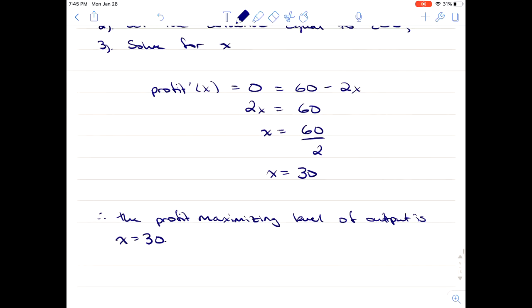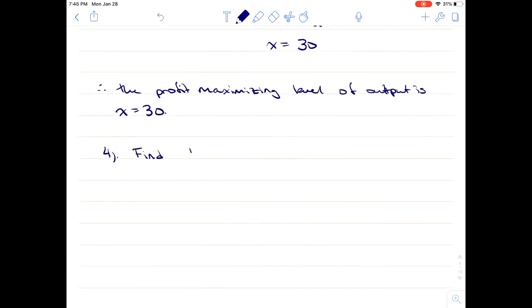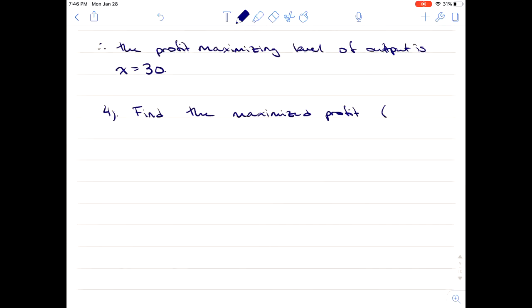So now our fourth step, so now we found that first part A, let's call it. Right. Now we want to find what is the maximized profit. Find the maximized profit, really just find the profit at 30.